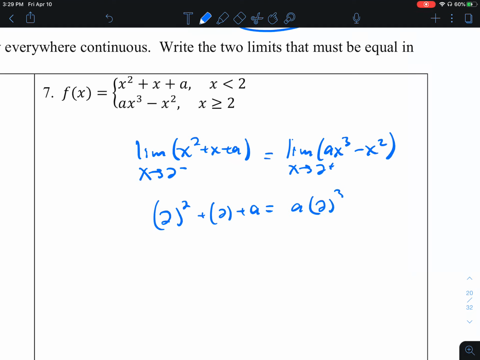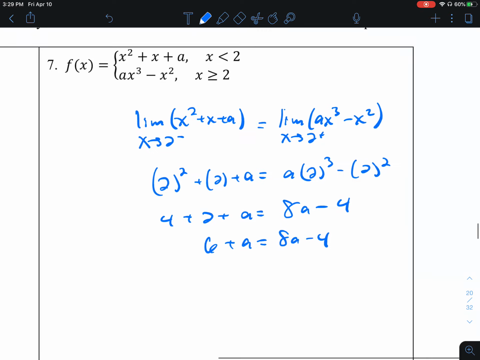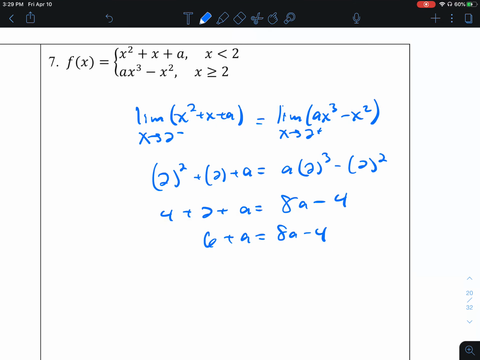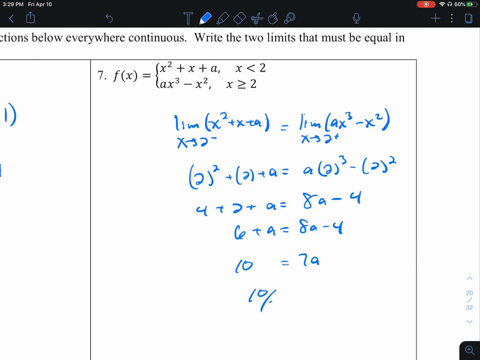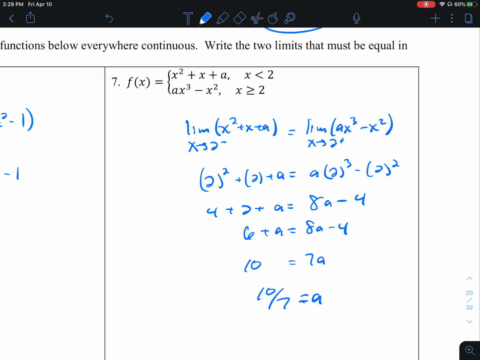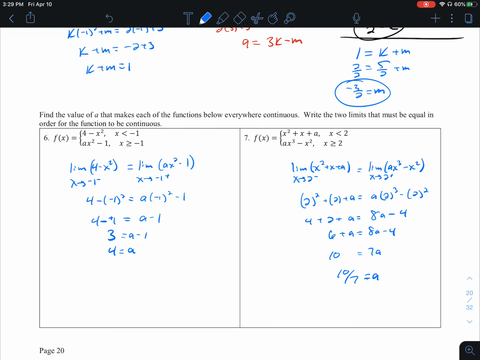See if we can solve this for a. 2 cubed is 8. So we're going to have 6 plus a is 8a minus 4. If we add 4 to both sides, we get 10. If we subtract a from both sides, we get 7a. So I got 10/7 is what a would have to be to make these continuous.